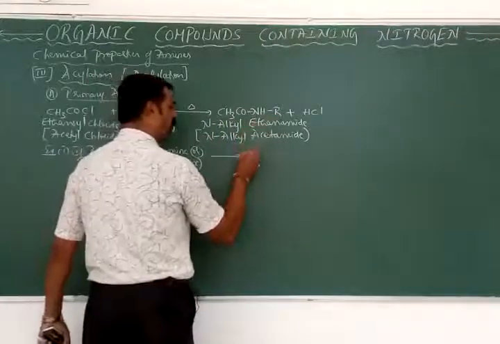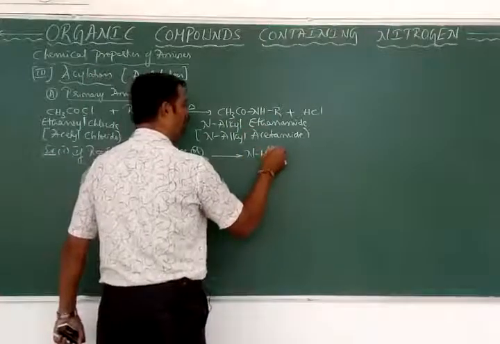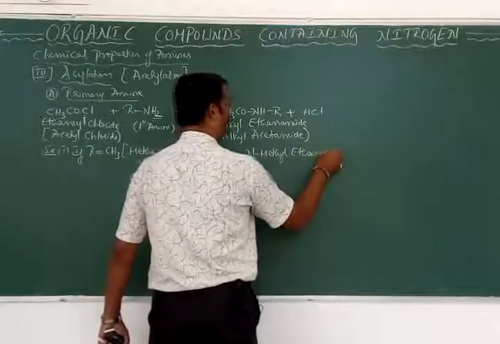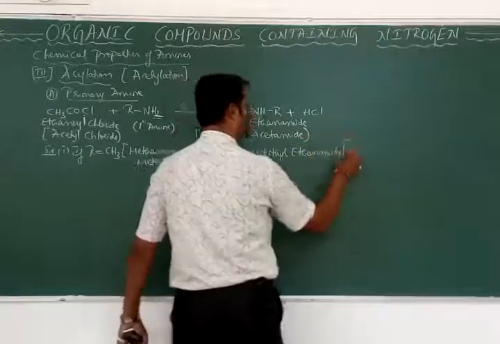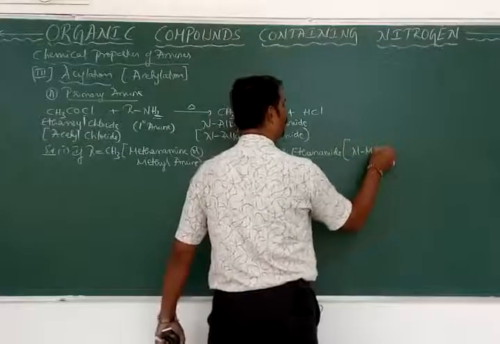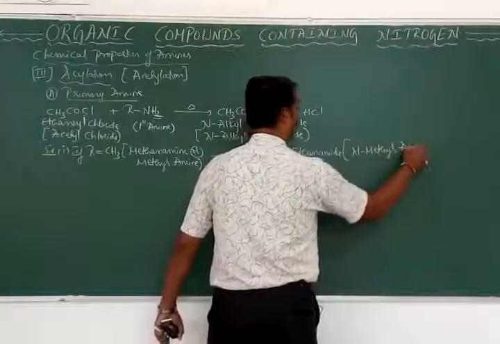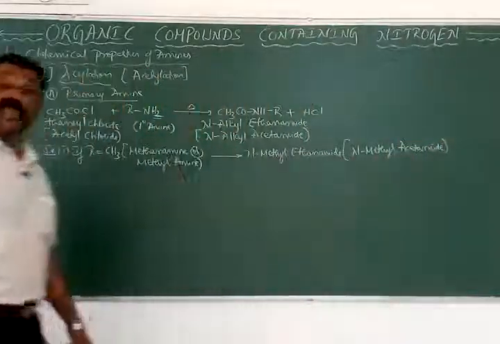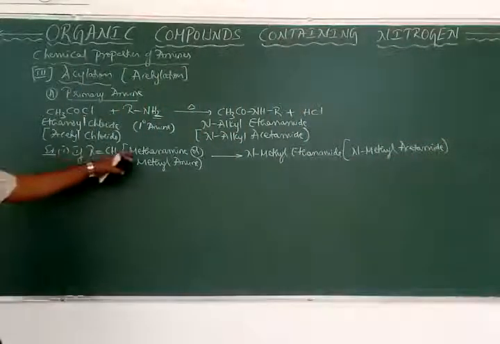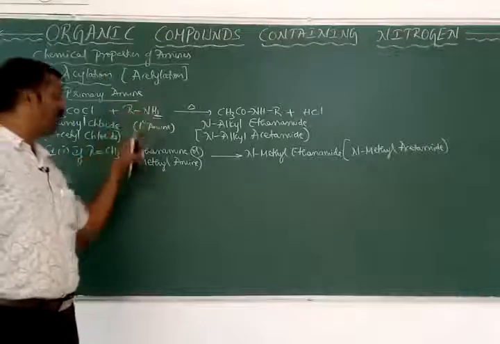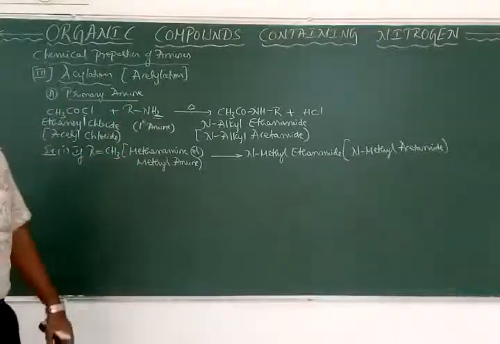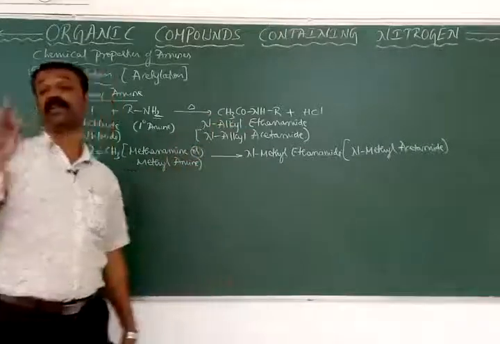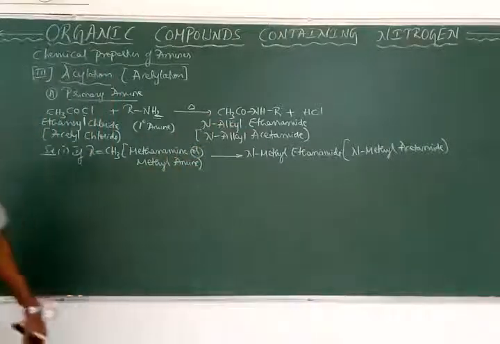Therefore, it is N-methyl ethanamide, and the common name for that one is N-methyl acetamide. You have to write the reactions on your own just by putting R is equal to CH3. If R is equal to CH3, the name of that compound is methanamine, or methylamine. Then the product formed is N-methyl ethanamide, or common name N-methyl acetamide.